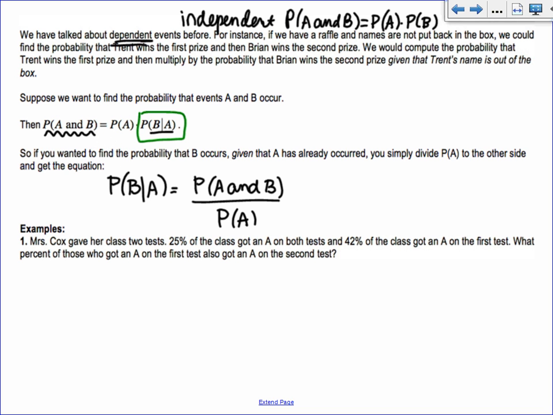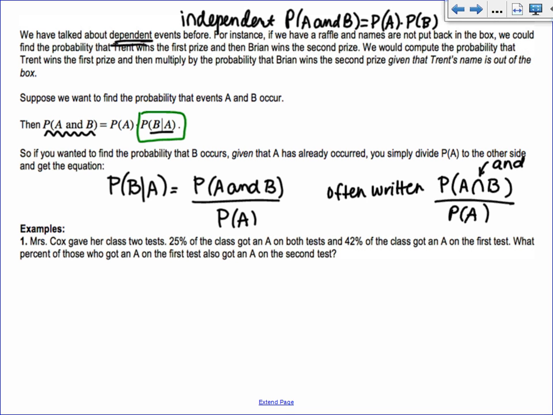So you might see this written a little bit differently if you look at any probability books. Instead of writing out A and B, this is often written as P, the probability of A intersect B. That word means and. It's read intersect, but it means and, over the probability of A. So if you see a funny symbol in your homework, that's what that means.